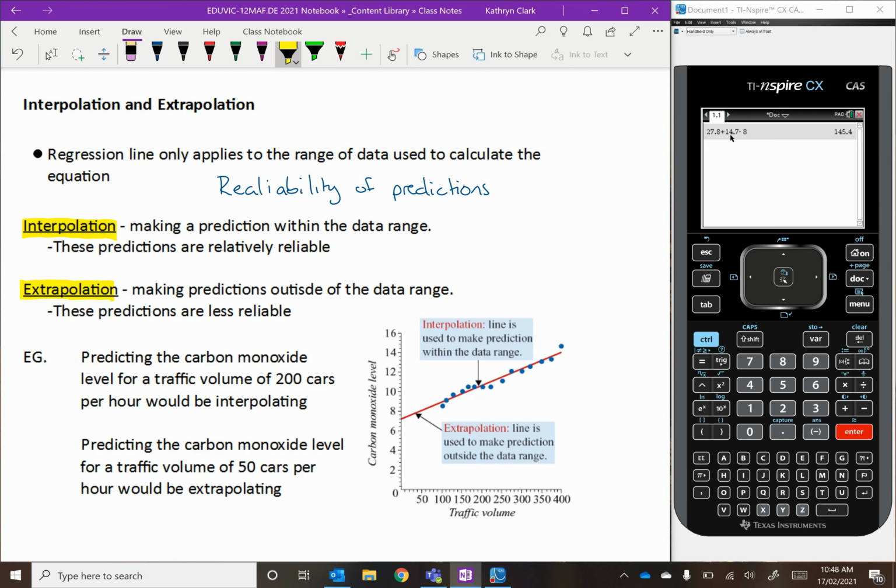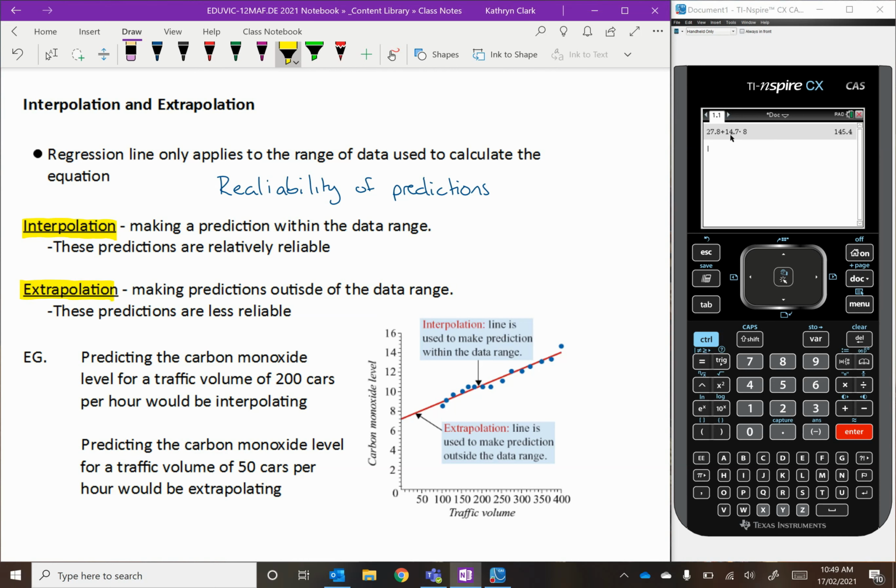Now, when we say inside the data range, we're talking about within the smallest and highest data points, not what's on your graph, but the actual data points themselves.